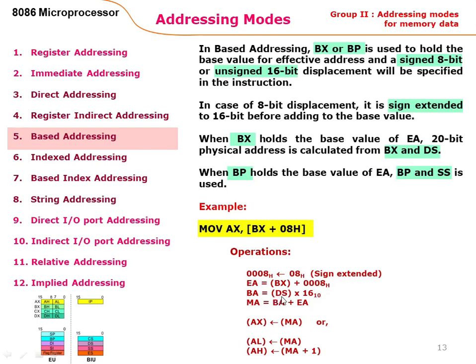So the data segment register value is shifted 4 bits to the left by multiplying by 16, and the 20-bit physical memory address is calculated as base address plus effective address EA. Now the value stored at the physical memory location is copied to the AX register, that is, the memory location's value is copied into the lower byte of AX and the memory location plus 1's value is stored in the upper byte of the AX register.